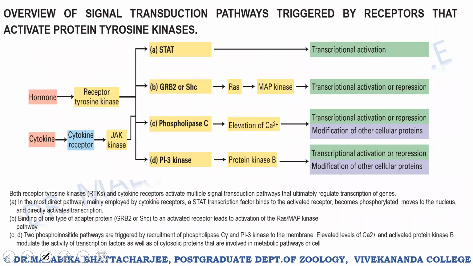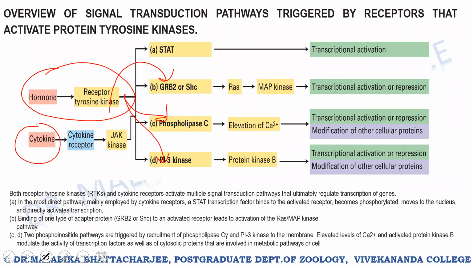And when we talk about the receptor tyrosine kinases, hormones usually bind to receptor tyrosine kinases and can activate GRB2, PLC, and PI3 kinase. Next, we will be studying the cytokines, and the cytokine receptors usually operate through the JAK-STAT pathway.